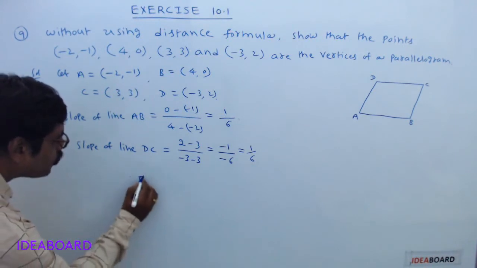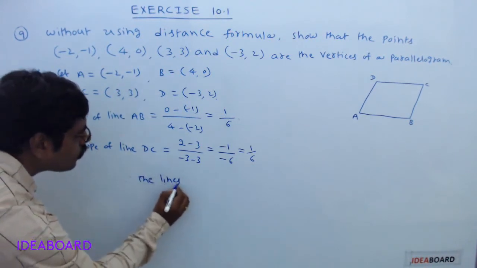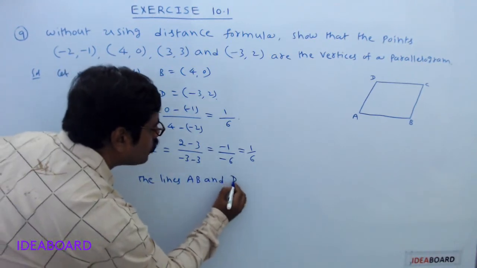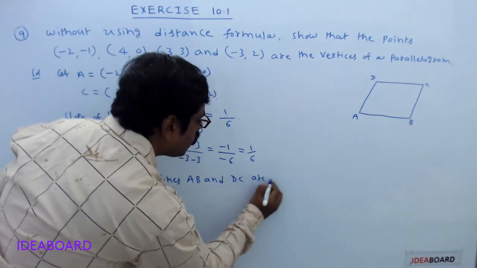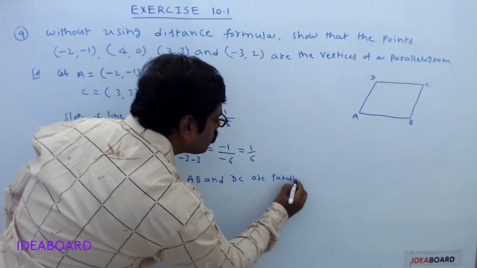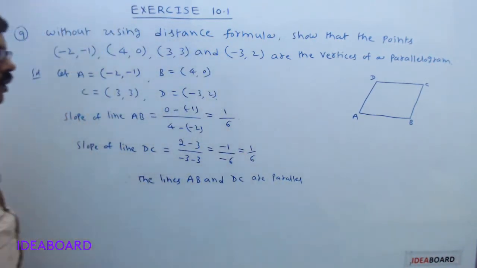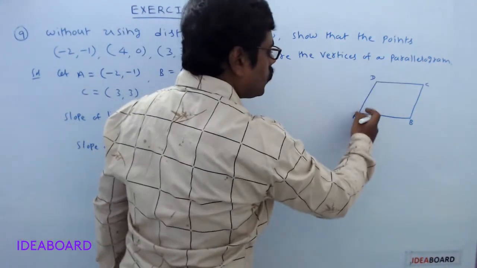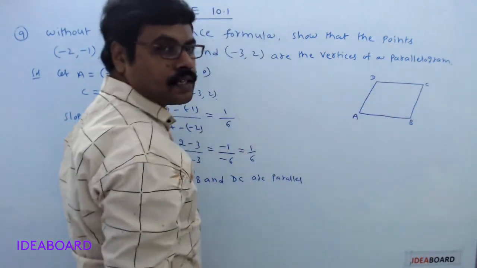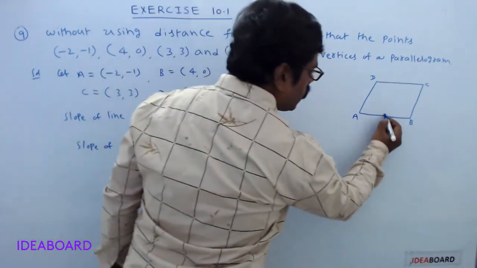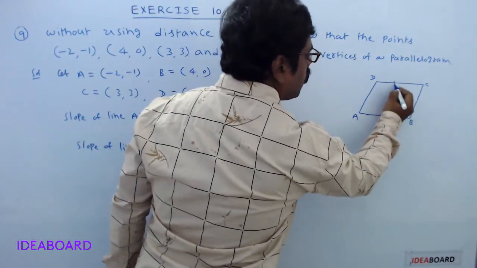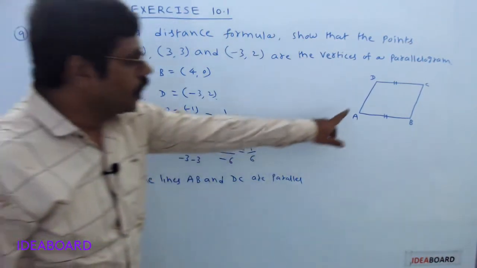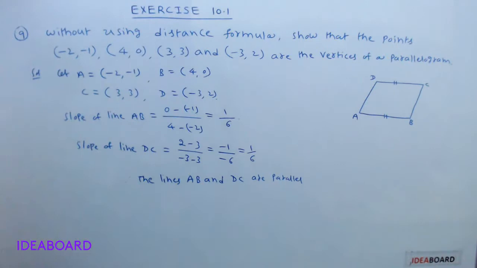So slopes are equal, lines are parallel. Then calculate slope of AD and slope of BC. So previously we proved AB and DC are parallel. Now here calculate slope of AD and slope of BC.